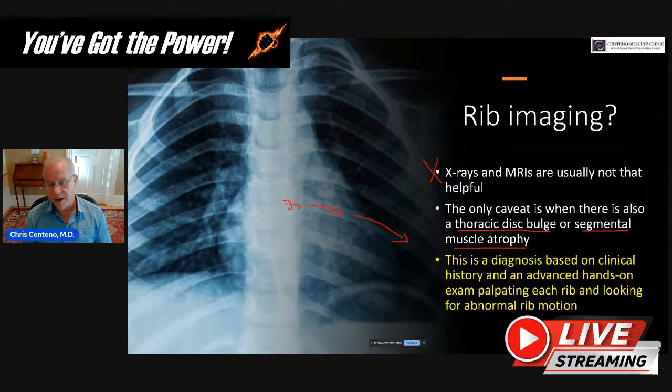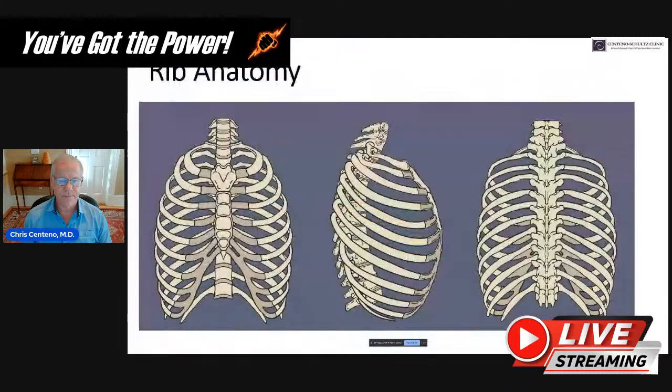So regrettably, amongst MDs like myself or traditional physicians, this physical exam part that we're talking about down here is usually not in their skill set, and that's why it goes underdiagnosed.